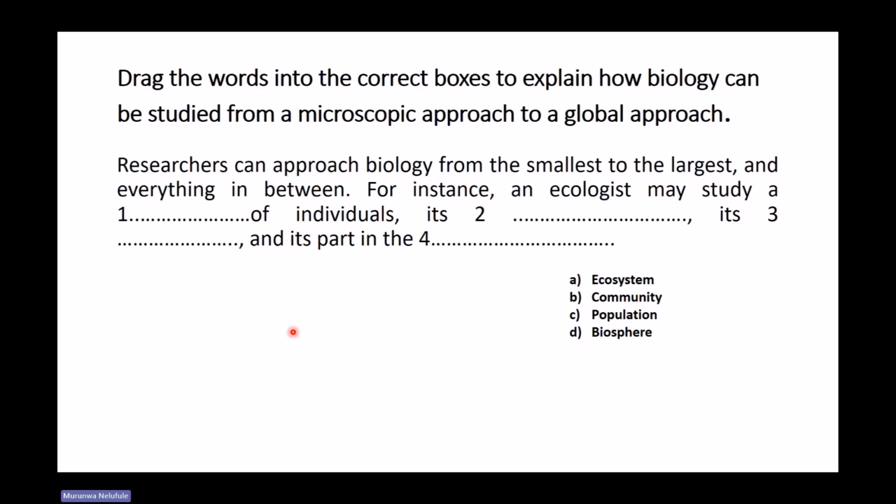For instance, an ecologist may study an individual, its number 1, number 2, number 3, and number 4. Which one is number 1, 2, 3, and 4 out of the four options, which are A, ecosystem, B, community, C, population, or D, biosphere? You need to match these words to the correct numbers in the paragraph.